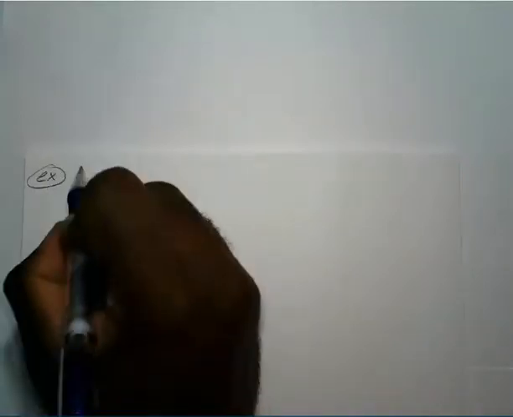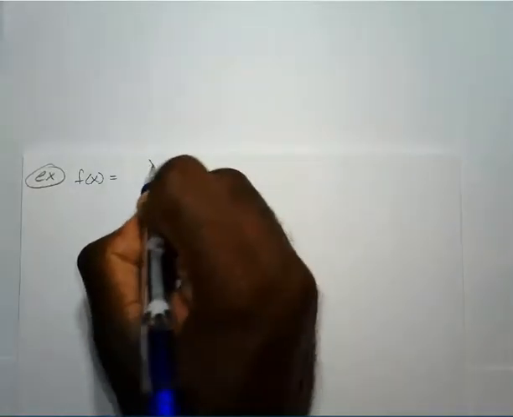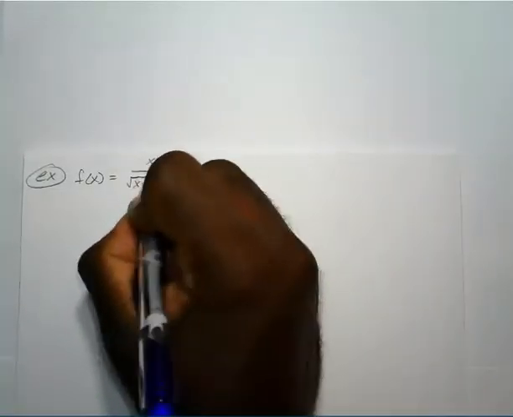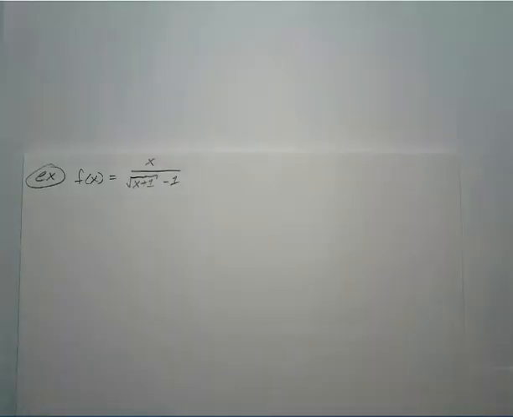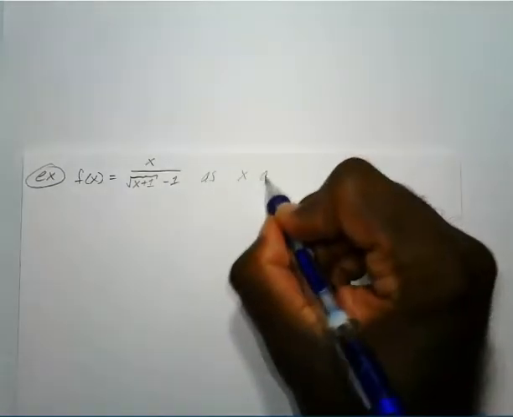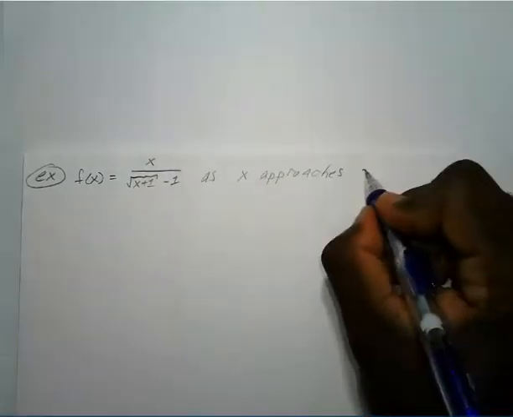All right, so let's say, for example, we have f of x equals x over square root of x plus 1 minus 1 as x approaches 0.